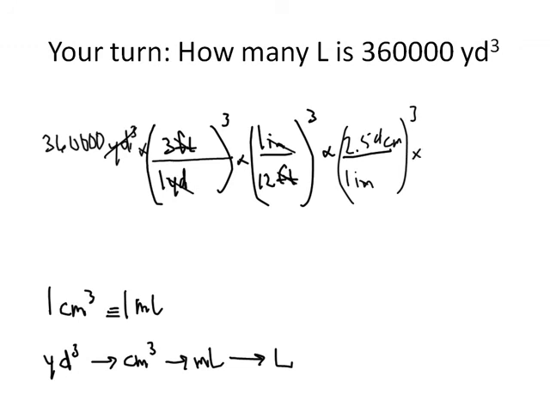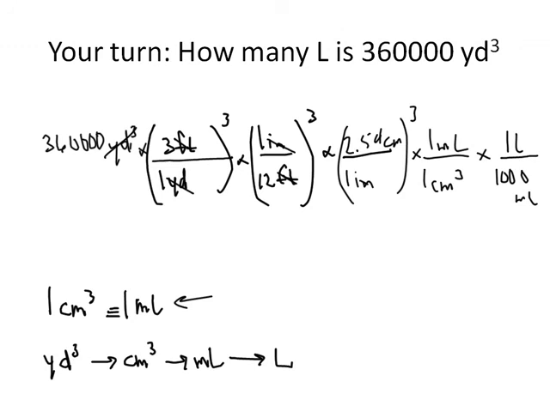Now, I have this handy conversion down here, which tells me 1 centimeter cubed equals 1 milliliter. Notice, I don't need to cube this. It's not a distance measurement anymore. Now I'm in a volume, so no cubing your volumes. And then last, 1,000 milliliters equals 1 liter. Pop it into your calculator, remembering to cube everything.